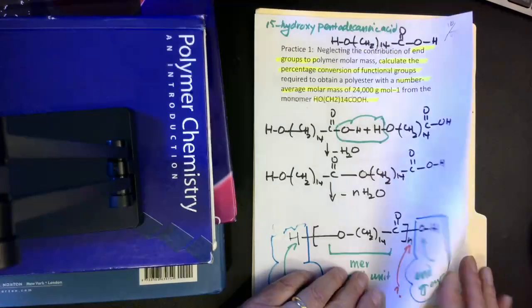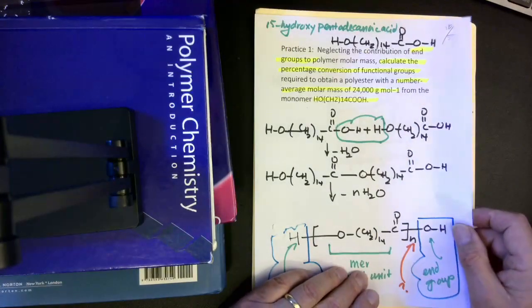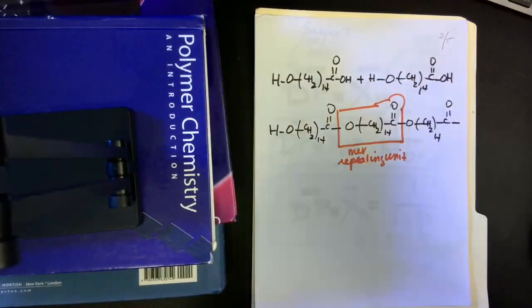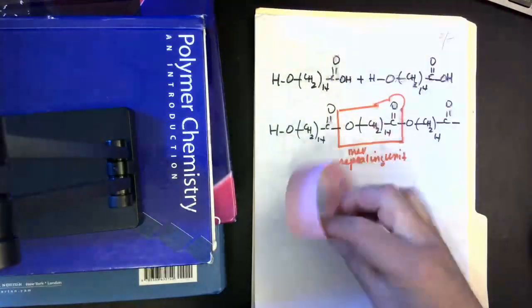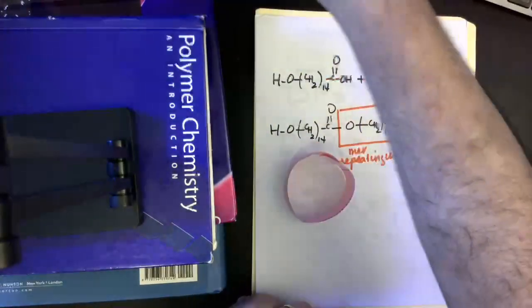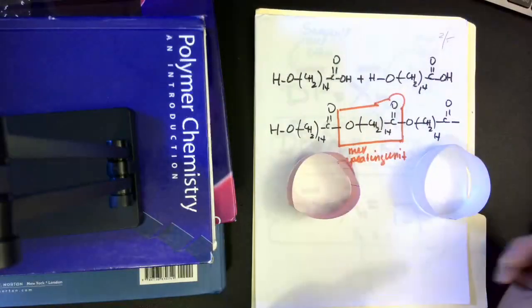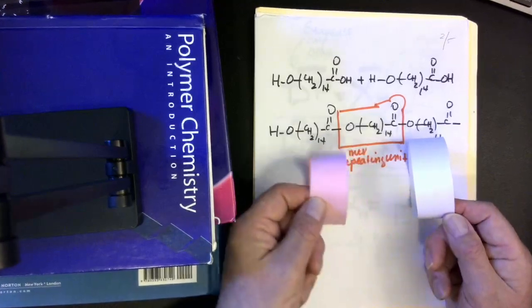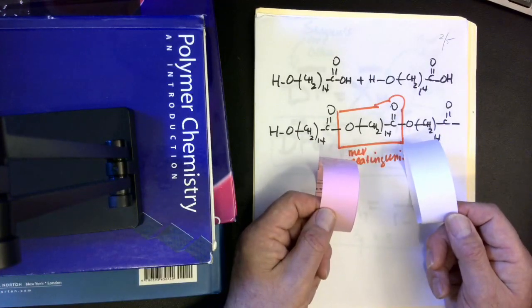Now let's look at some paper. I made some little paper. I want to make sure that we represent one of the molecules with this pink and one molecule with the white. So I guess it's pink, I always forget the color.